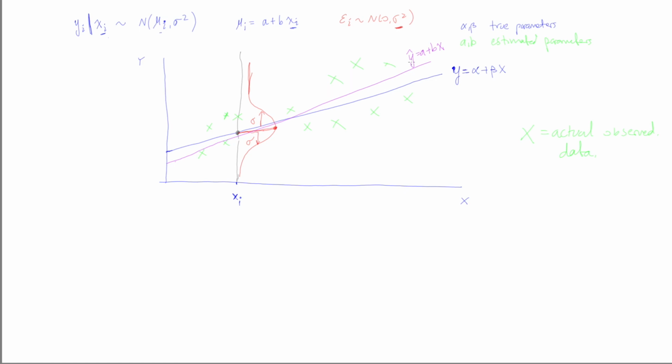It's kind of a hard picture because there's a lot going on, but basically at each xi we have this picture. The true line always has the true mean, and the regression line is trying to estimate that.